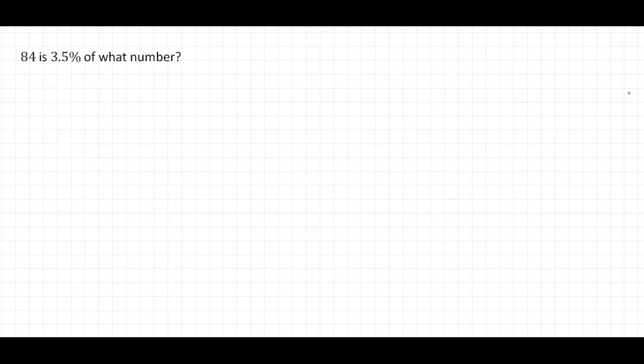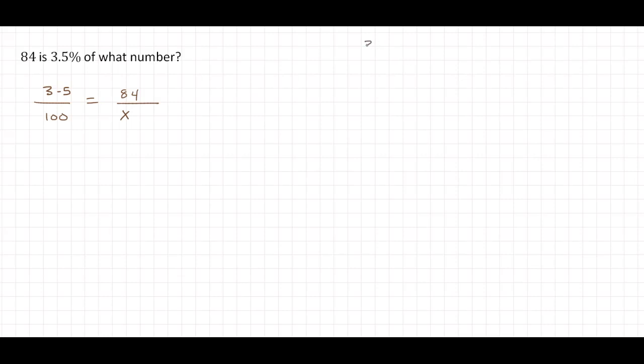Now our final example, 84 is 3.5% of what number? So 3.5 over 100 is going to be equal to 84 divided by an unknown quantity. So what I'm going to do here is, first of all, simplify the percent fraction there.